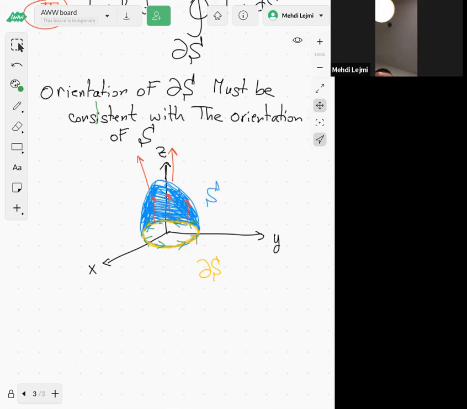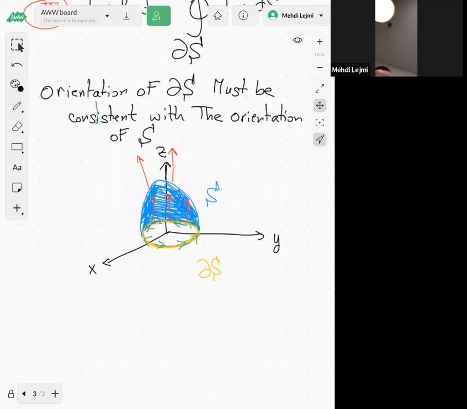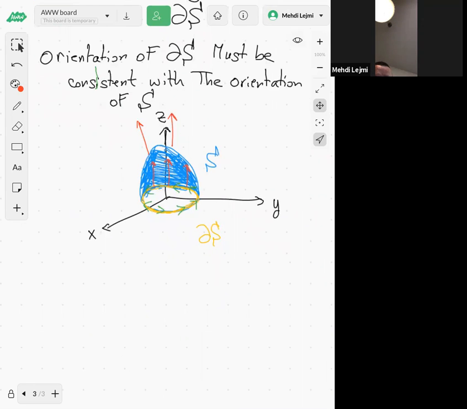Anyway, so what we have to do now, the first step would be to, of course, evaluate this vector line integral along the boundary of S. So we need to parameterize the boundary of S. So the boundary of S is just this circle.